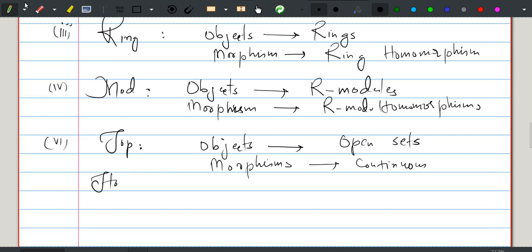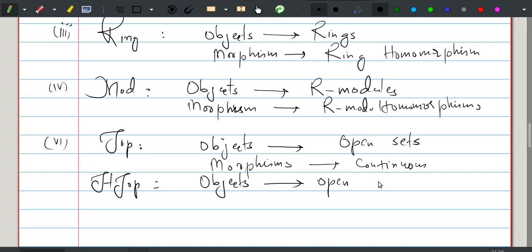So let us denote this category by H top. So objects here are again open sets, but the maps here, I mean morphisms, they are the homotopic maps.